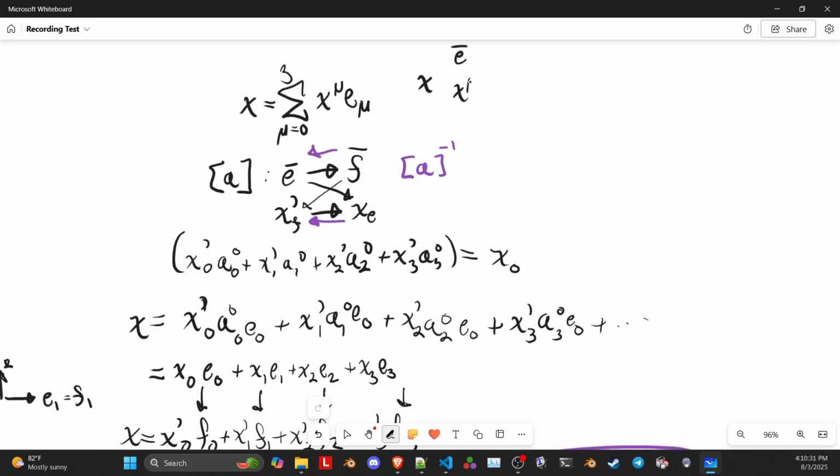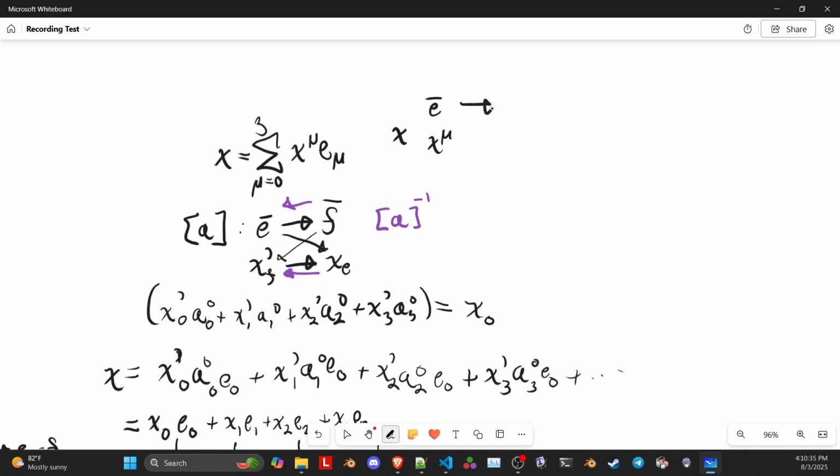So we can't exactly just take the matrix A and get what we want, because even though A takes us to the new frame, F, we need to also calculate A's inverse. I'll write E to show that I'm using the E components. And the prime, I'll keep the prime.